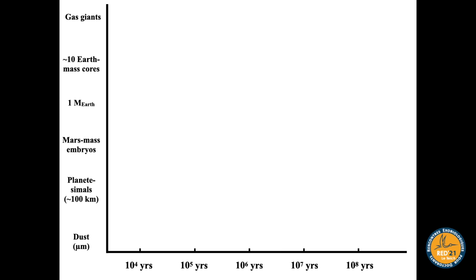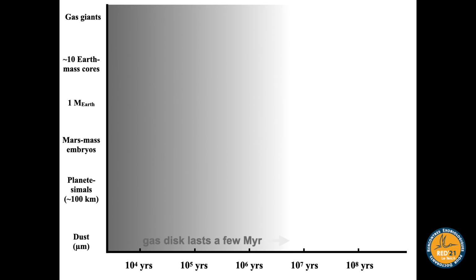And we're just going to put the key phases of growth on here to see what they look like. First of all, it's important to take into account that the gas disk only lasts for a few million years. Okay, so it doesn't keep going forever. Maybe 3, maybe 5 million years, something like that. So starting off from small dust grains, micron-sized dust grains, as we saw, they can stick together and grow up to pebble size, up to maybe millimeter or centimeter size.